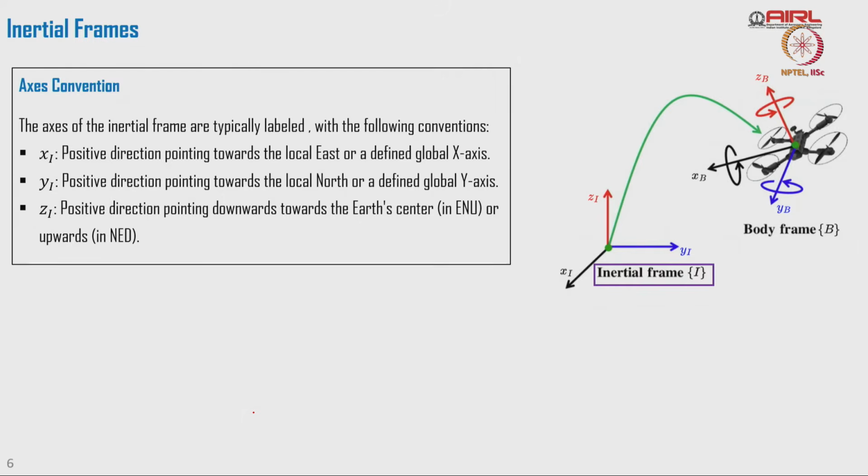Y inertial is the direction pointing towards local north, the global y axis. Z inertial is the direction pointing downwards towards the earth center. We represent this as Z up, or we can say it is upward in an ENU coordinate system.